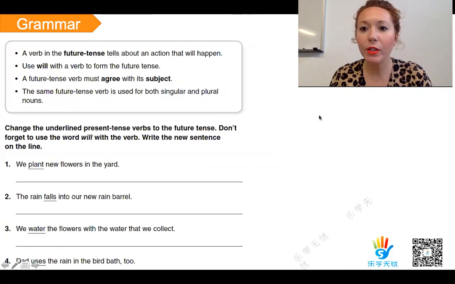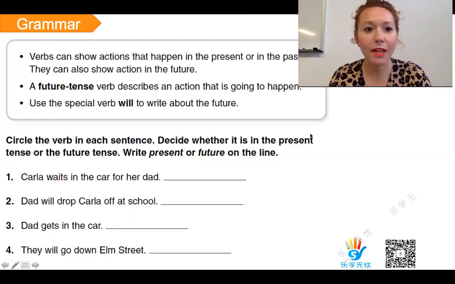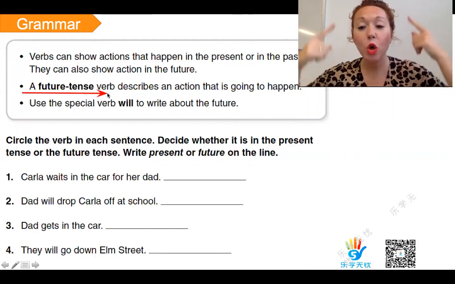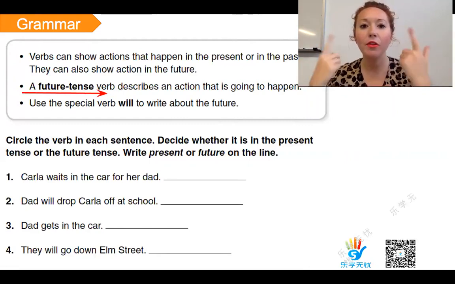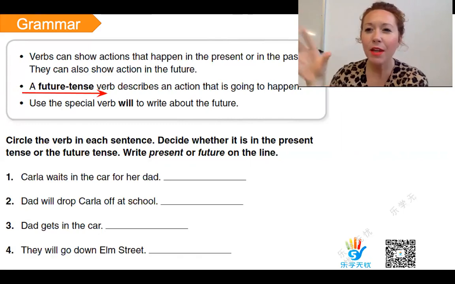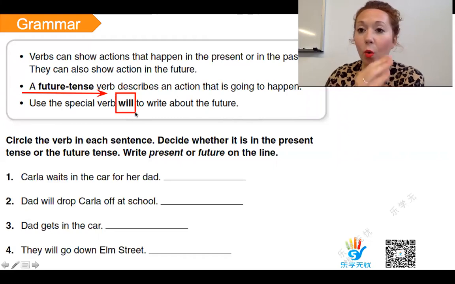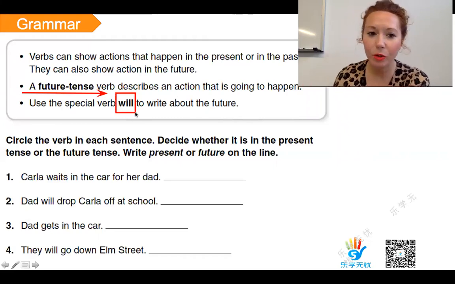This week we're going to learn about future tense, okay? So a future tense means that something is going to happen in the future. When something is going to happen in the future, we use one special word, and we use the word will. Something will happen in the future.